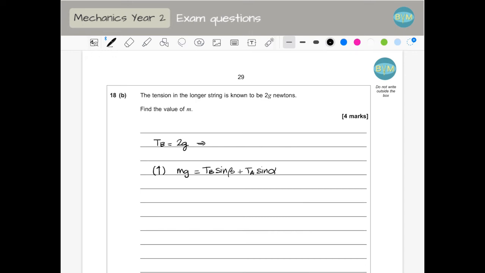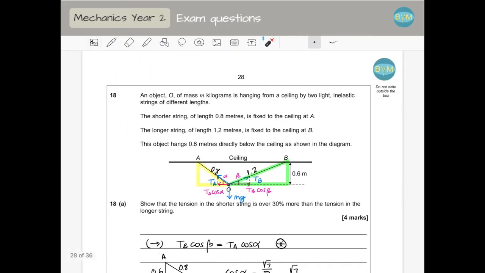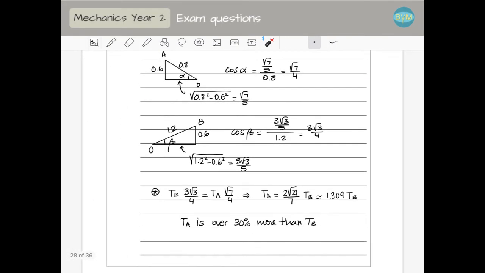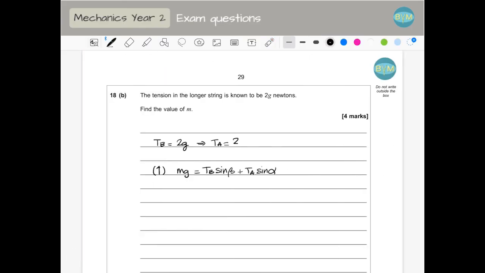I have TB, and I know the connection between TA and TB. If we want to be completely accurate, we can use this number here. If not, we can use the rounded one, which I think is what they use in the mark scheme, but I would use this one, 2 root 21 divided by 7 times 2g. So 4/7 root 21 g.